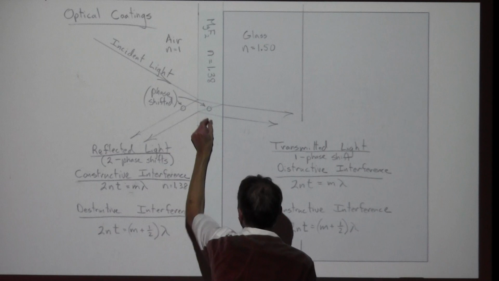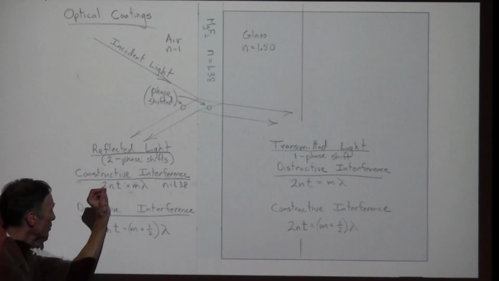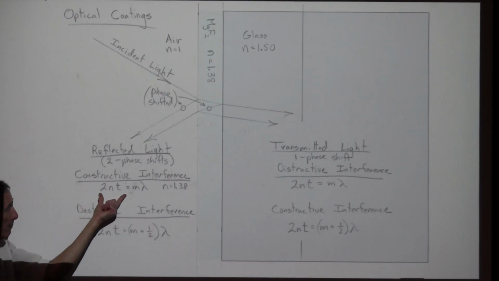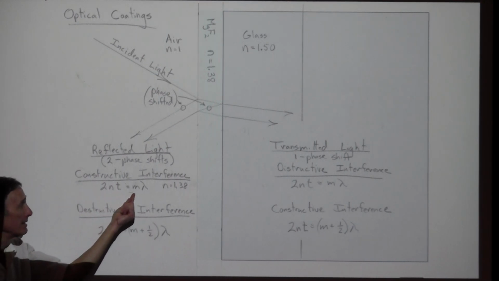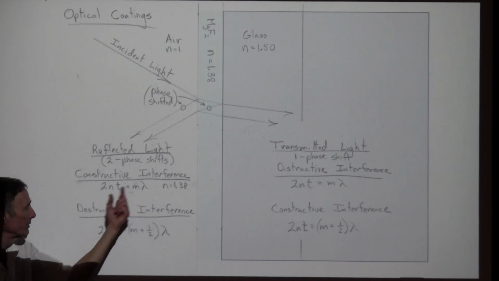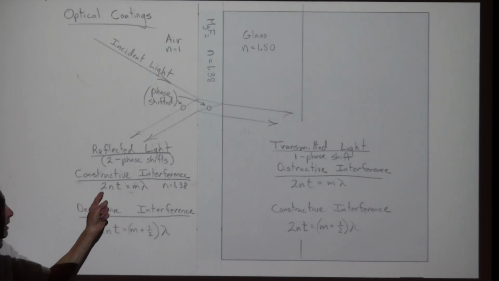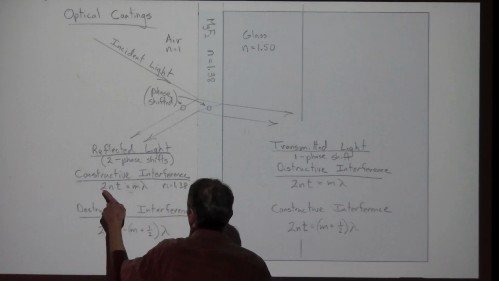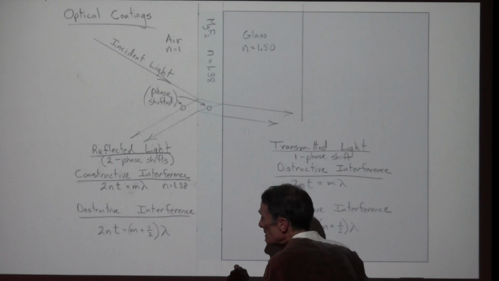Again, just to picture these thicknesses, very small. It will remain constructive interference if in that path difference, 2nt is equal to a whole number of waves, where n is the index of refraction of the coating. That will be a condition of constructive interference.